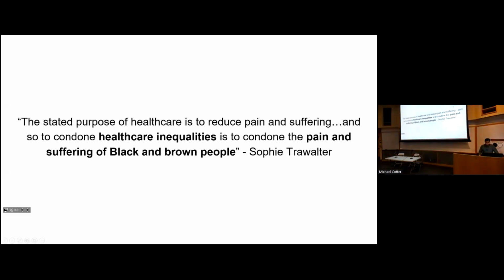So the primary purpose of healthcare is to reduce overall pain and suffering, which we as clinicians have taken oaths to commit. However, the gold standard of treatment that everyone rightfully deserves is unfortunately still contingent on the color of their skin, their socioeconomic status, among other factors.